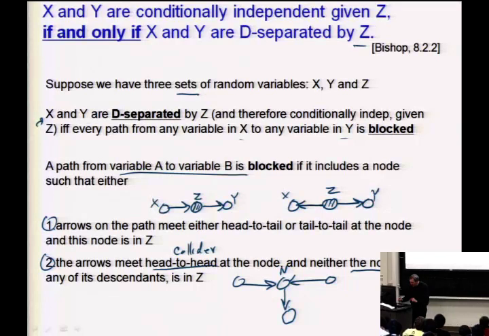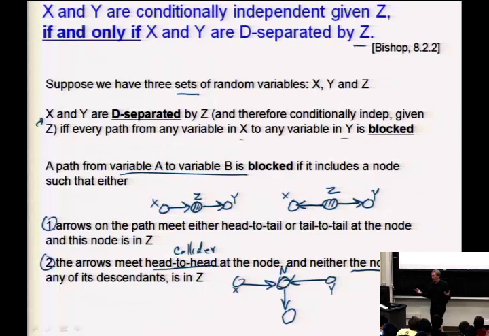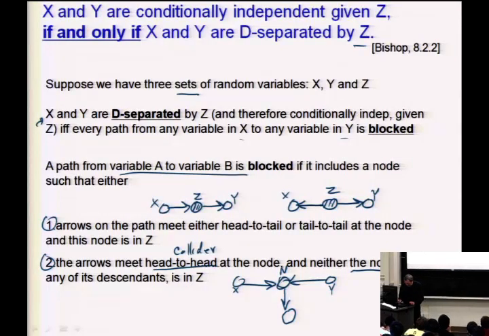We said for this kind of collider structure, if we don't know node N, then in fact these two nodes are independent. They're marginally independent if we don't know N. What this is saying is that not only should we not know N, we shouldn't really know anything about its descendants. Because if we know its descendants, they tell us something about N. And we've ruined the assumption of lack of knowledge about N.